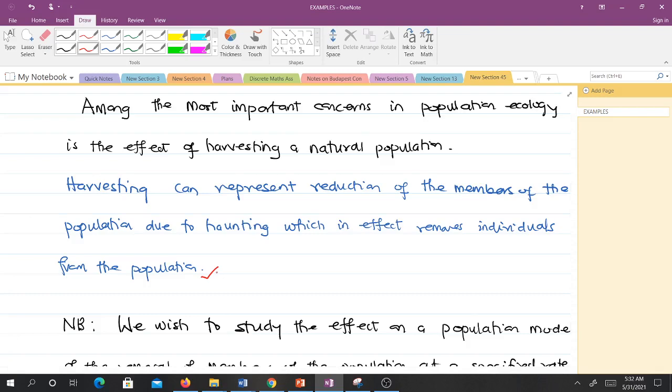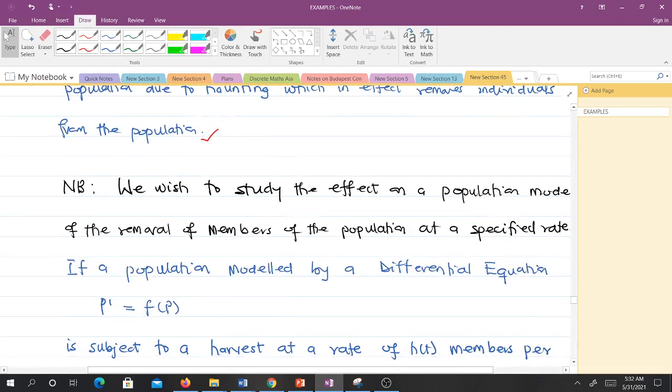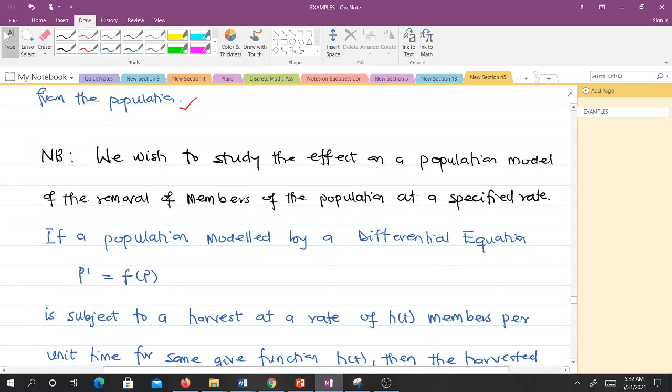We wish to study the effect on a population model of the removal of members of the population at a specified rate. We would want to know the effect of taking this number out of the population at a specified rate, to know whether the population will go into extinction or not.